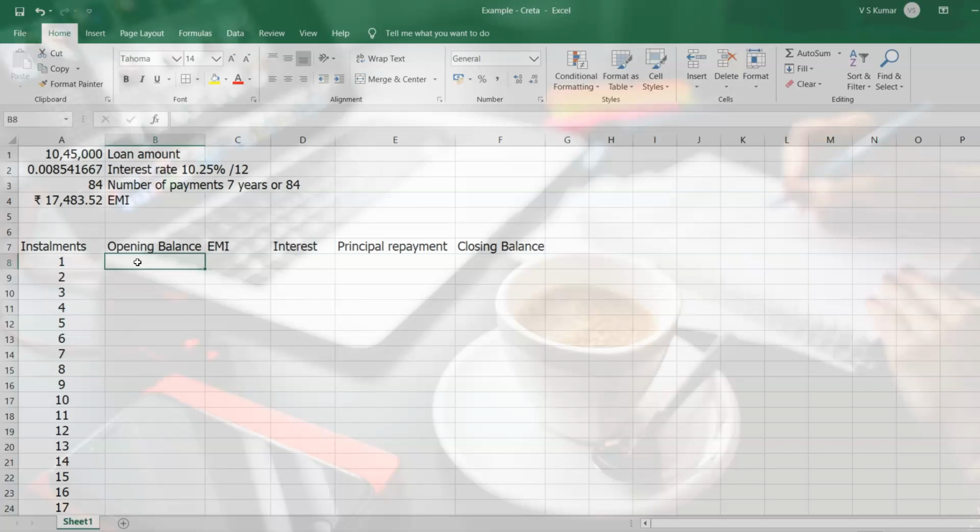And opening balance is the loan amount, and EMI will be copied from cell A4, which is calculated using the PMT function, and it should remain constant. So using function F4, make the amount specific.